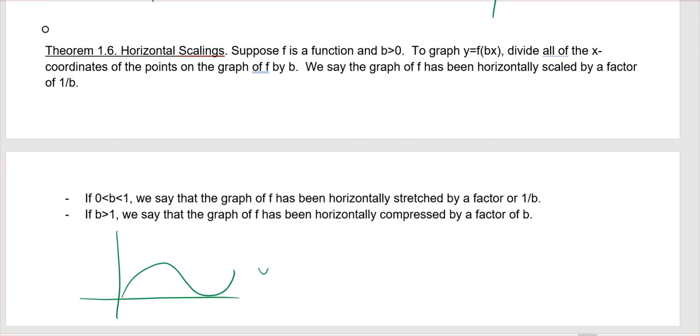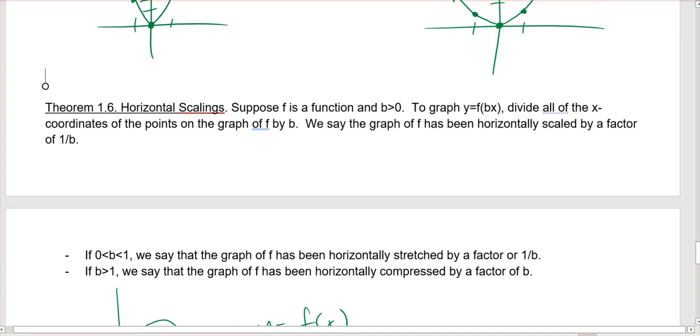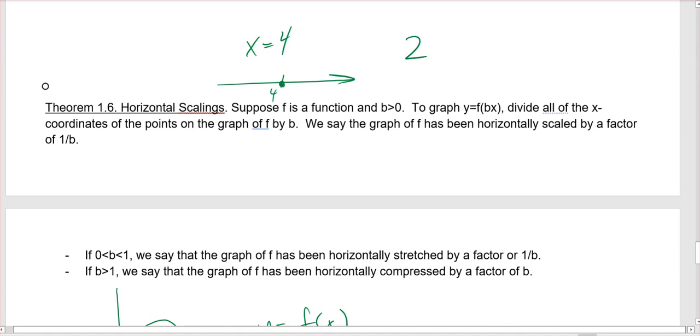So just real quick, before we draw that general picture where we have the function y equal f of x, let's do something similar to what we did above when we talked about horizontal shifts, left and right. If I think about a number line, and I want to draw a picture of x equal 4, here's 4. Great, there's 4. Now consider if I want to draw 2x equal 4.